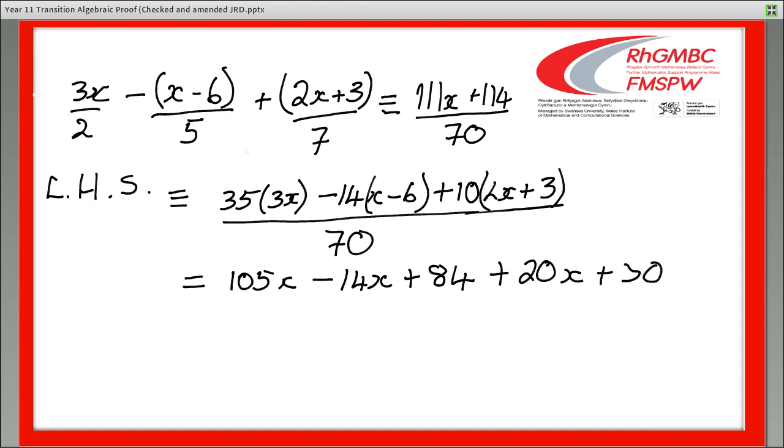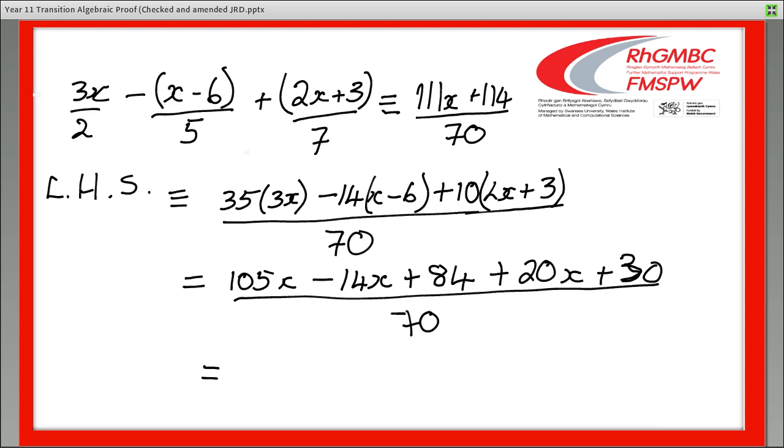So removing the final bracket gives me 20x plus 30, and that's all over 70.